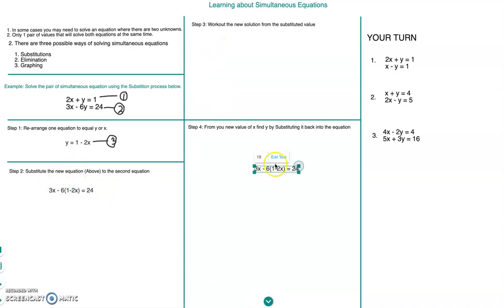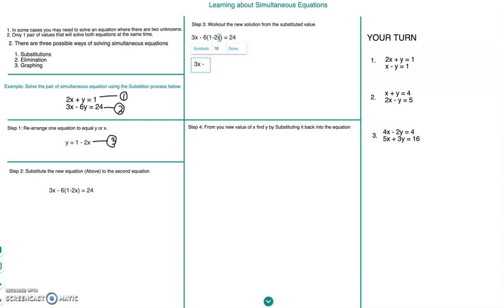Now we move on to step 3. Step 3 talks about working out the new solution from the substituted value. So we essentially expand this equation. So what we have is 3x minus, and through BODMAS or BIDMAS, we expand this bracket.